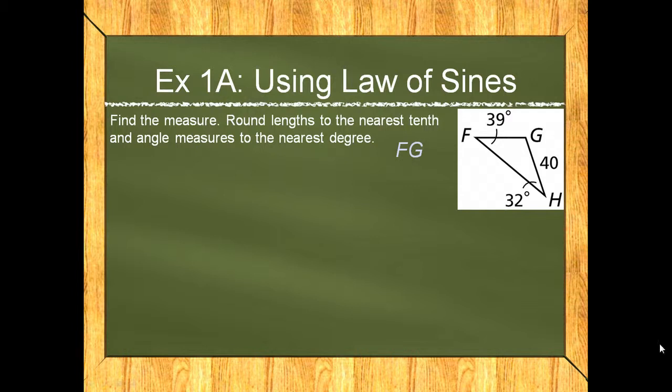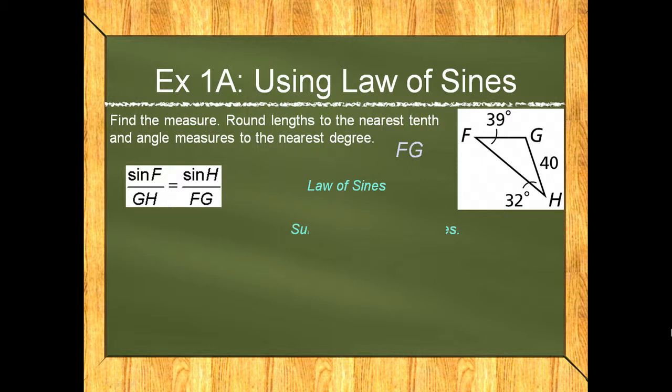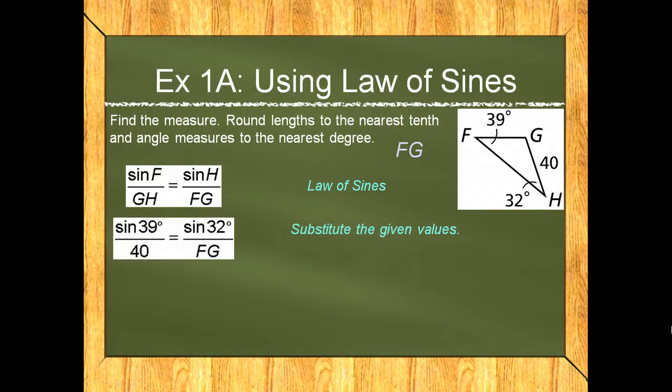If we want to find FG, which would be the top segment, we can set up the law of sines proportion so that sine of F over GH equals the sine of H over FG. Then we substitute in the values we were given. So the sine of 39 degrees over 40 equals the sine of 32 over FG, which is what we're trying to find.